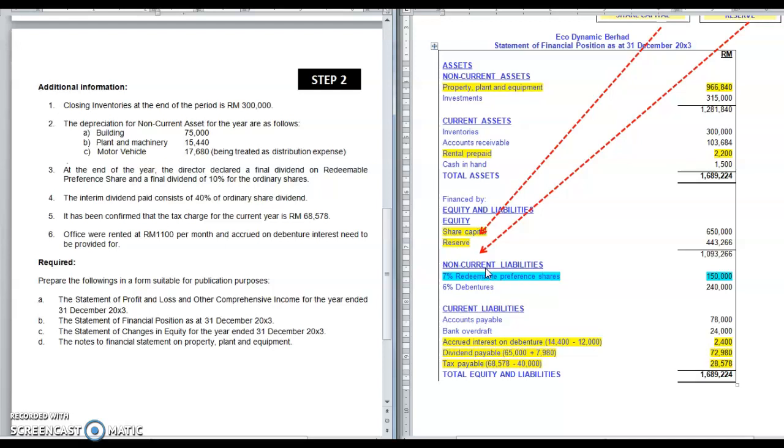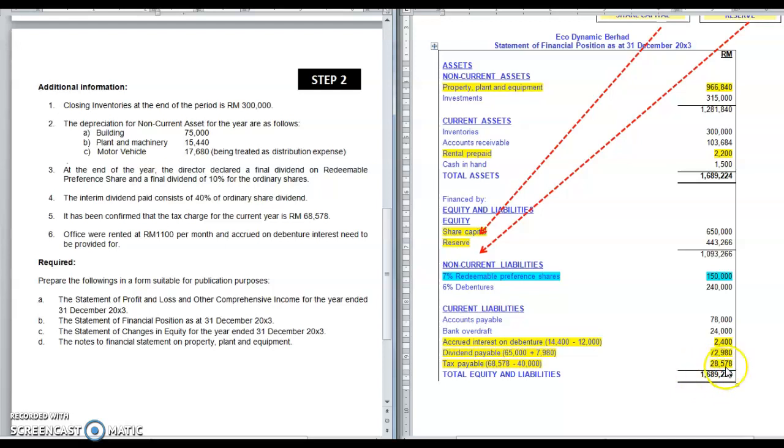For the liability portion, we have to separate the non-current liability from the current liability. After that, we will take the total of each, and arrive at the total amount of liabilities and equity.